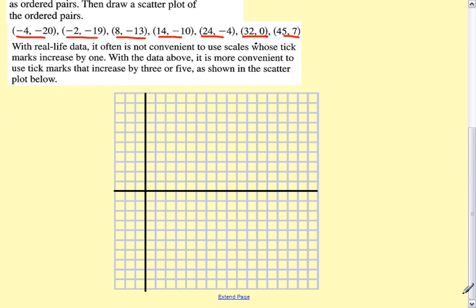Now, with real life data, it is often not convenient to use scales whose tick marks increase by 1. Because I'm going to have to go all the way up to 45 on the X, or on the F axis, and I'm going to have to go down to -20 on the C axis. So I'm not going to count by 1s. What do you suggest that I count by?